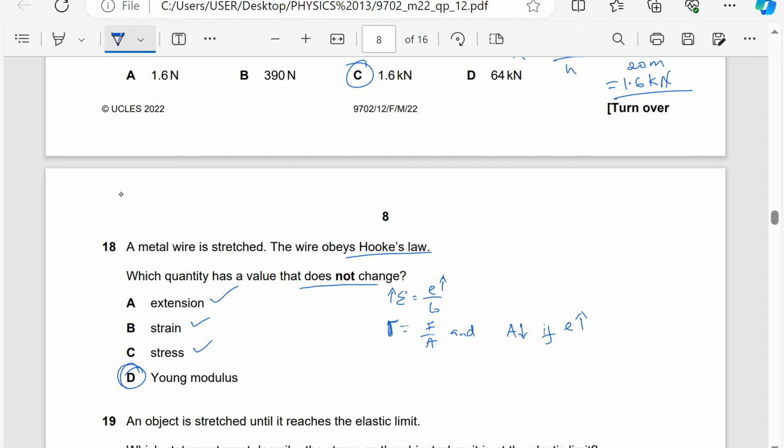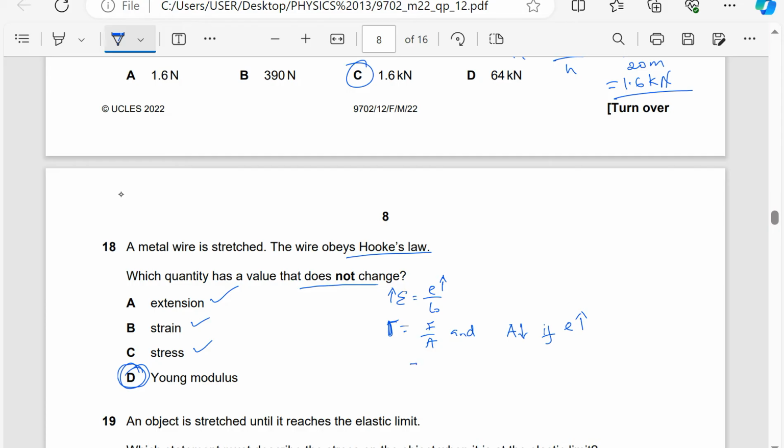So it's only D which does not change, Young modulus, because if the extension increases, the strain is increasing, and the stress is also increasing.